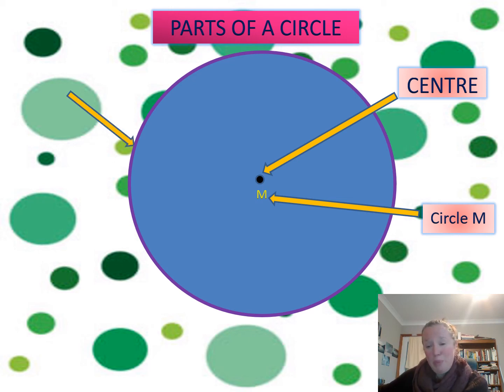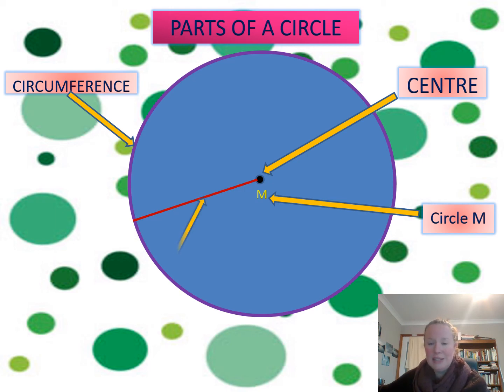We've got that purple line. Anyone remember what that purple line is? Well done. Circumference. Okay, from the central point of our circle to the circumference is our radius. Well done if you got that one.